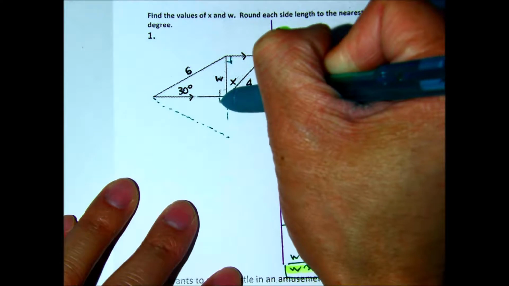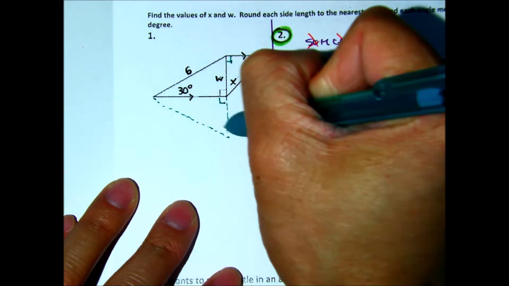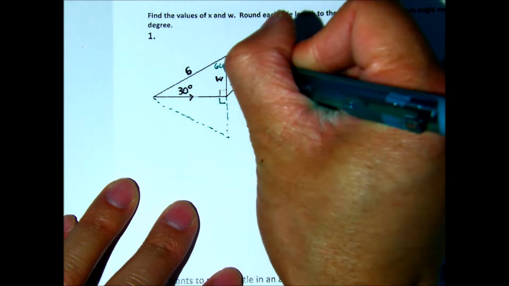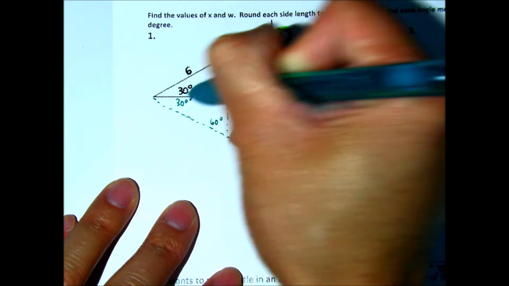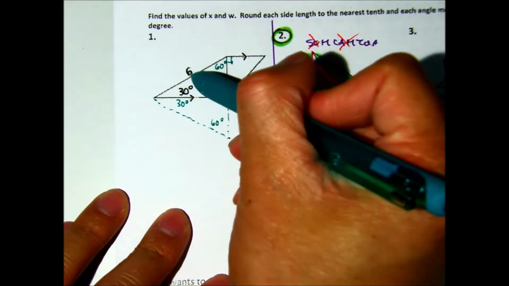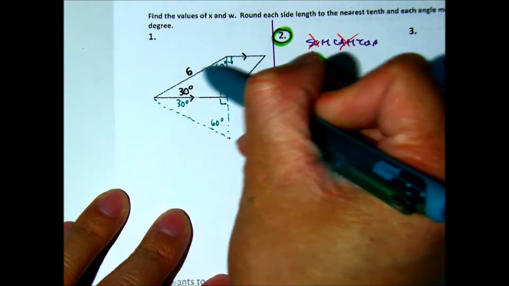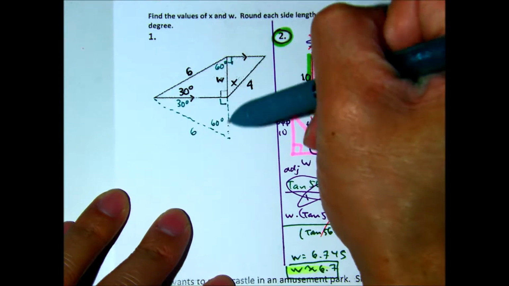An equilateral triangle. Class, why am I doing that? Because this is 6, and the whole length of this has to be 6. So if you cut that in half, the answer is 3.